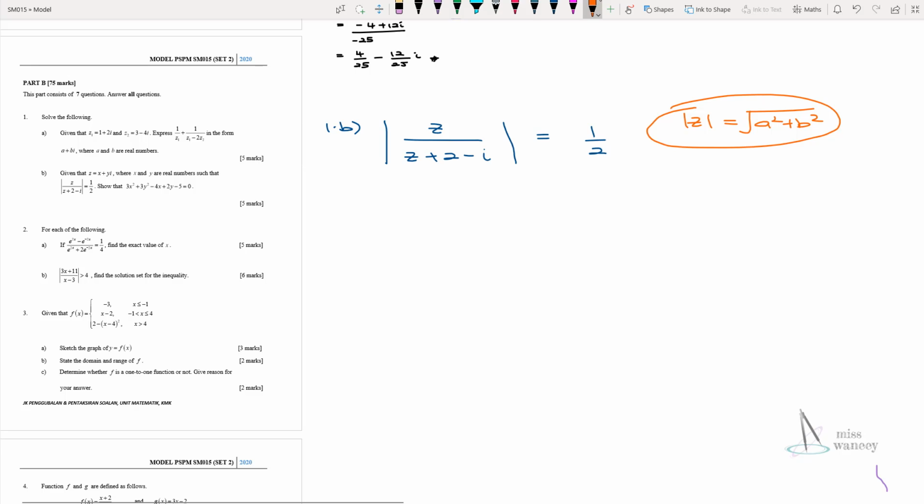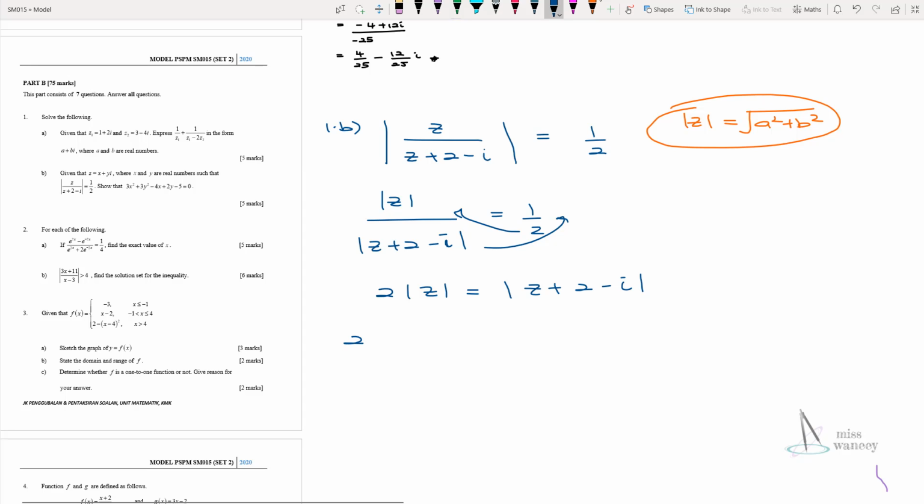Okay, so I'm going to separate the modulus first. So I will have the modulus of z over the modulus of z plus 2 minus i equal to half, and then I'm going to bring the 2 up and this one up. So I will have 2 modulus of z equal to modulus of z plus 2 minus i. So now let us replace the z with x plus yi.